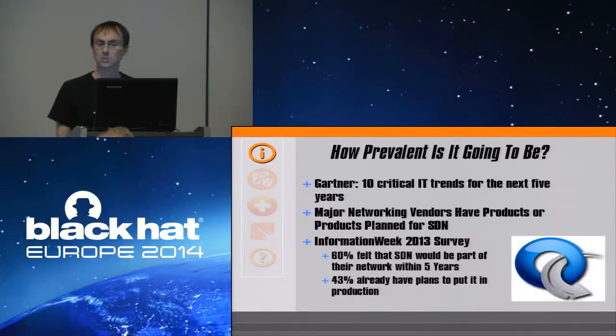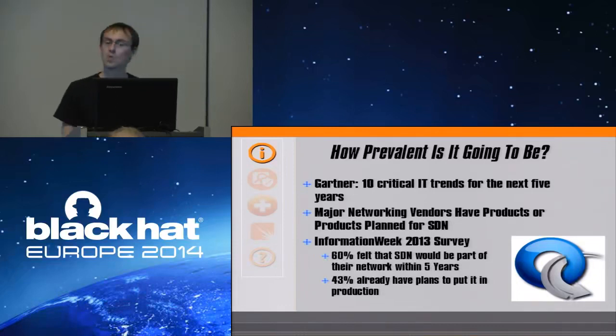Gartner sees it as one of the 10 critical IT trends for the next 5 years. That's 5 years. Not 10 years, 5 years. So the academics look at this and they see this having a really big impact on our environment, seeing us moving toward it. Major networking vendors see it as something that's going to be part of their strategy, so much so that they're investing their money in it. That tells you how much they believe that it's going to be there. How about the people who would actually be asking for these products, right?